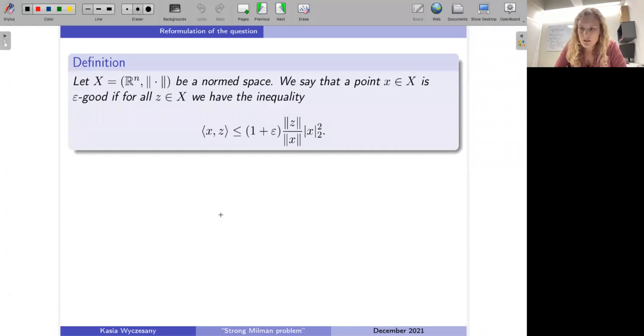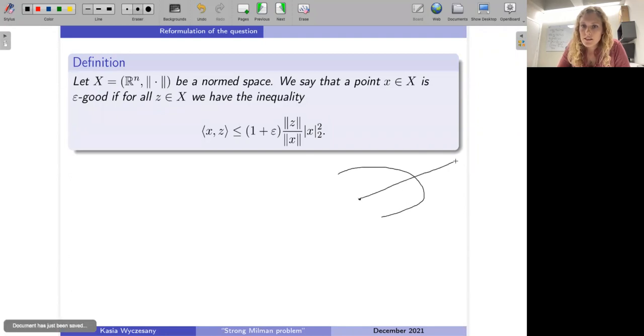But what does this mean geometrically? This is a condition that, if I had my unit ball here, and this is x, I'm writing x as a sort of array, so this is lambda x. This condition just says that there exists no z, which we can take on the boundary, whose projection onto the one-dimensional space spanned by x is large.